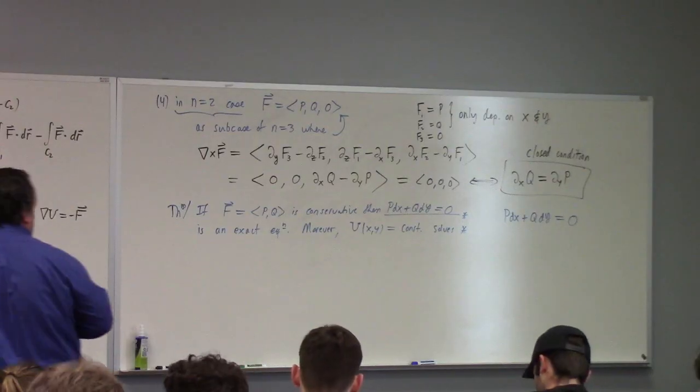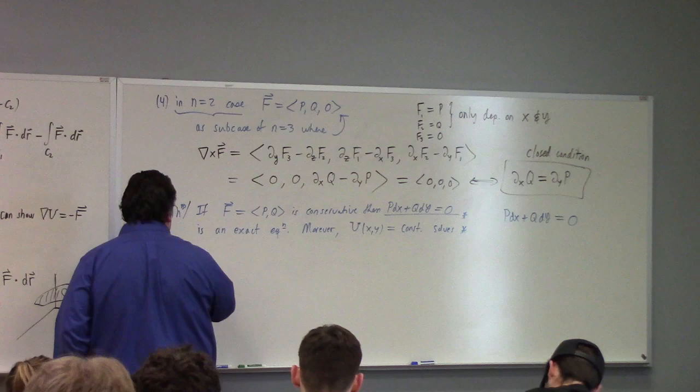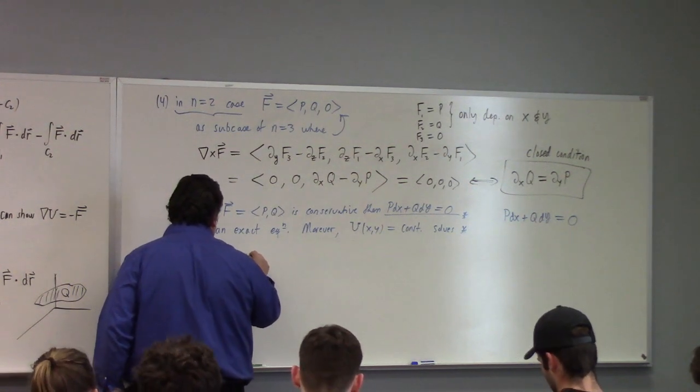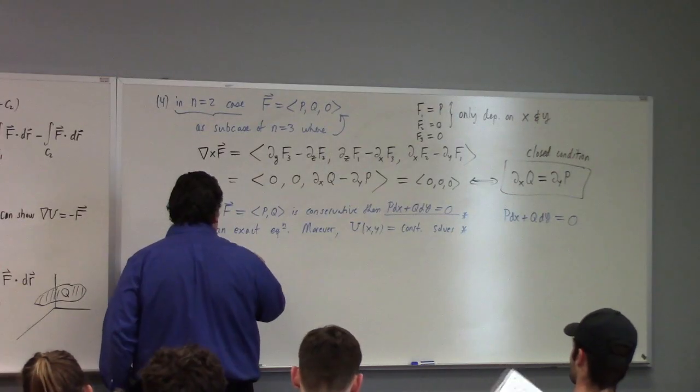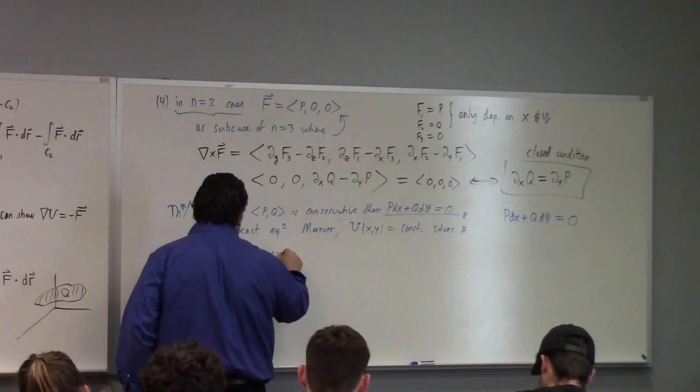Let's see here. So, example 4 maybe? I don't know. Suppose I have f equal to, say, x plus y plus 1, comma, x plus 2.